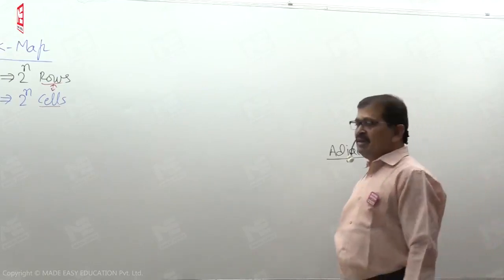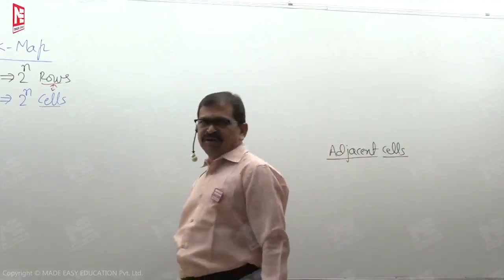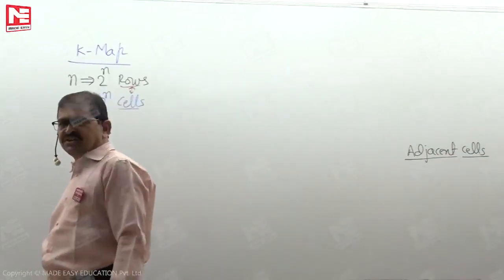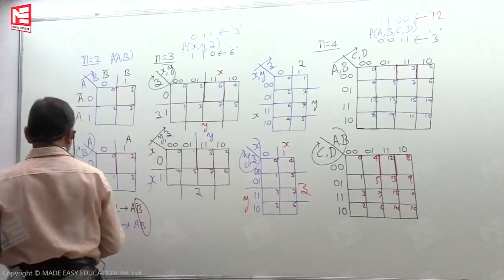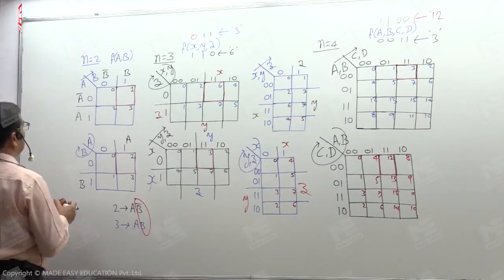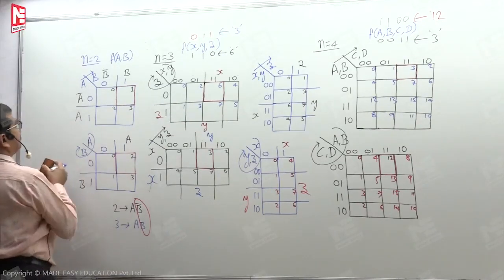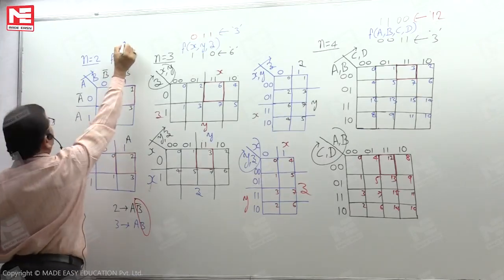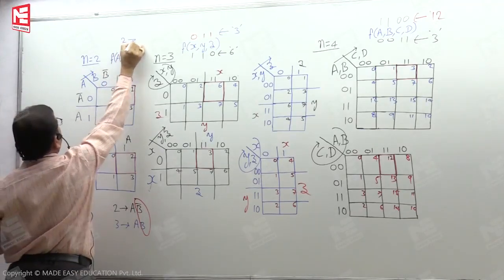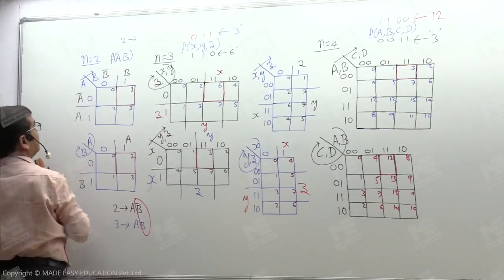Based on this two variable case, we are looking at the adjacent cells for cell 2. For cell 2, we have the adjacent cell, cell 3.